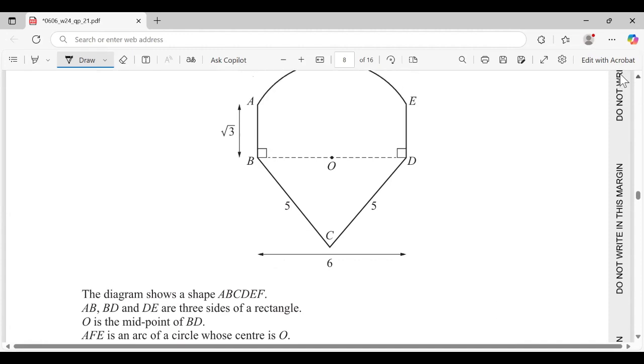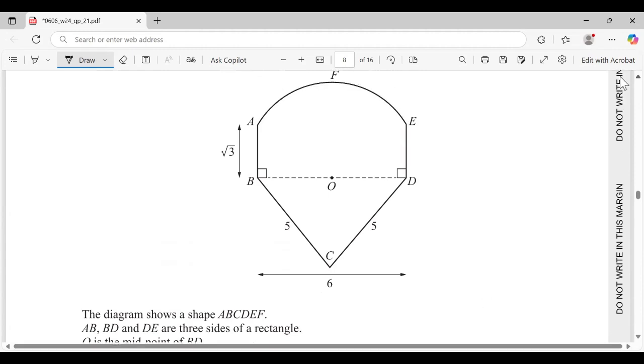So look at this diagram. Based on the information, since ABDE is a rectangle and O is the midpoint of BD, the arc AFE is symmetric and subtended by angle 120 degrees at center O, of course.